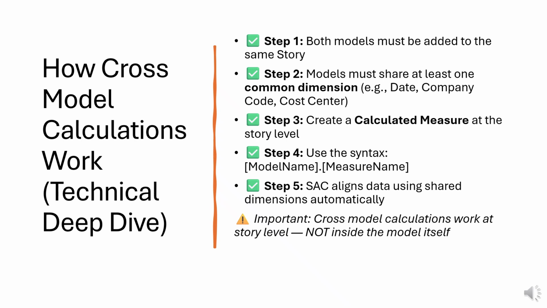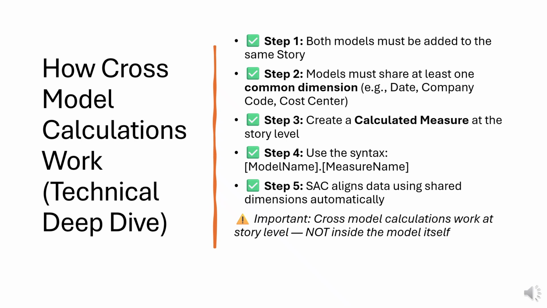Once this is done, SAC uses this shared dimension to align or join the data when your formula runs. Third, you create a calculated measure at the story level, not inside the model. This is a very common misconception. You cannot define the cross model formula inside a model. It must be at the story level.